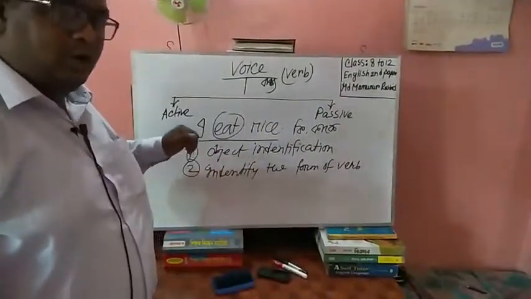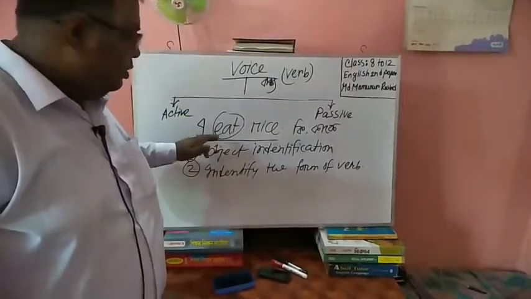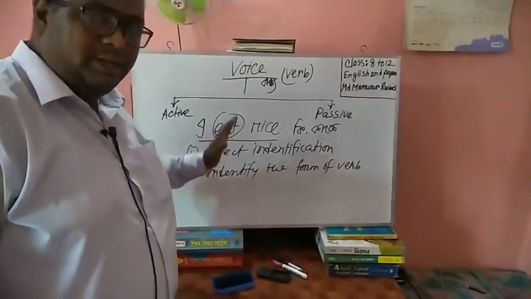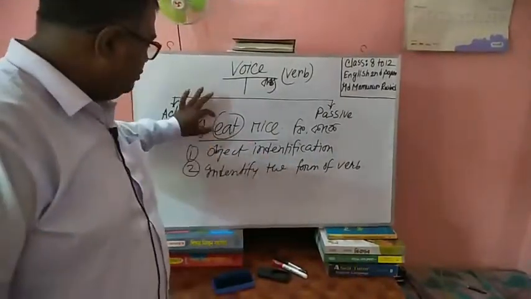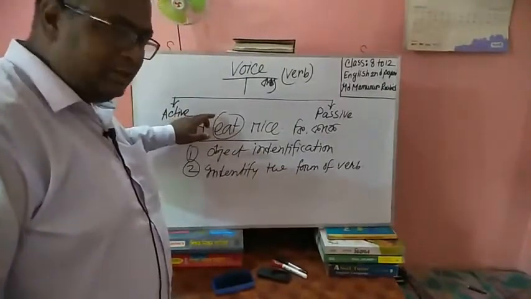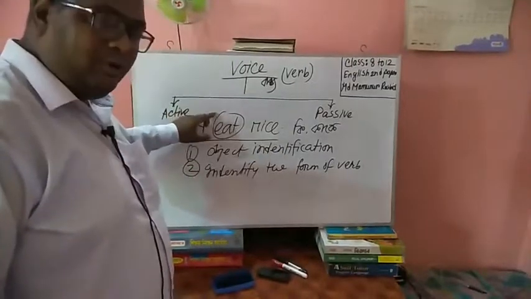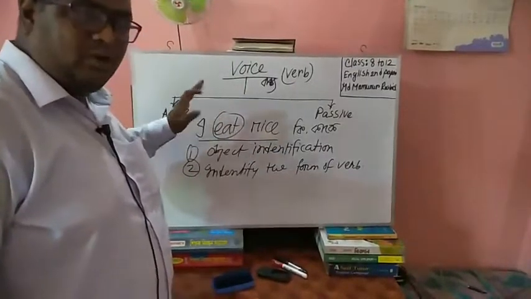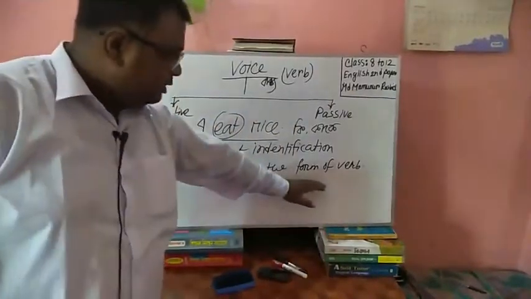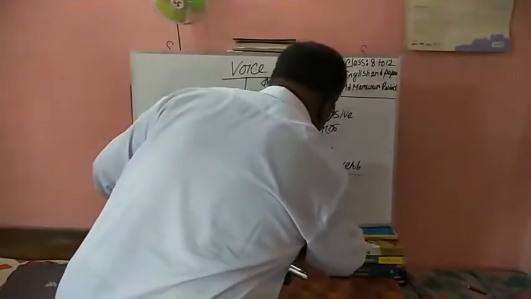So what may be the past participle form of eat? Eaten. Eat and eaten. So before starting, we have to learn to identify the form of the verb. First the object, and second the form of verb, whether it is present or past or future, we have to identify. And identifying the form of verb means identifying the tense.